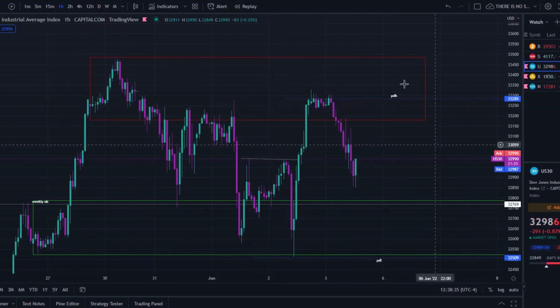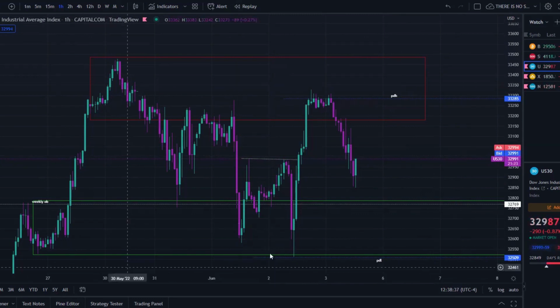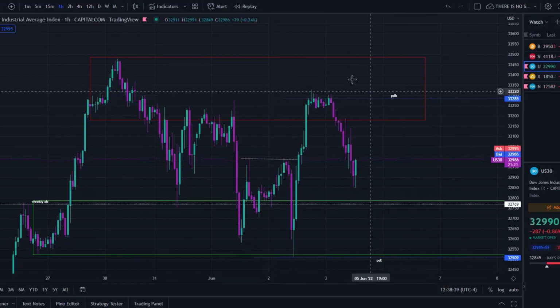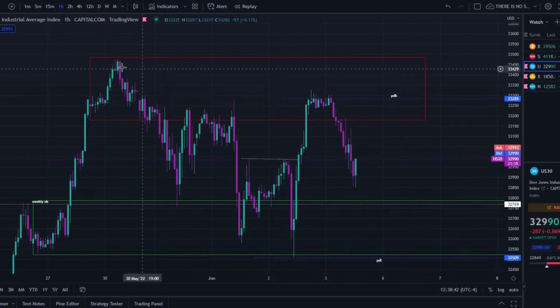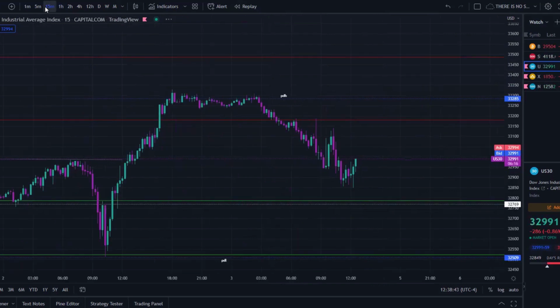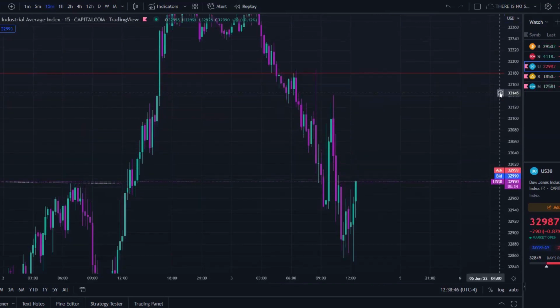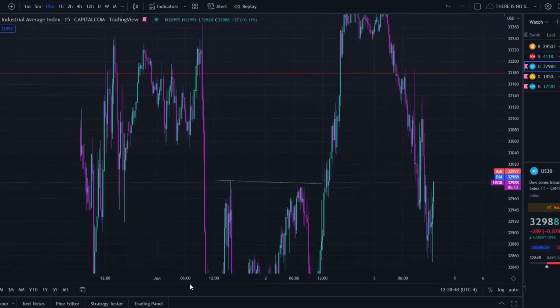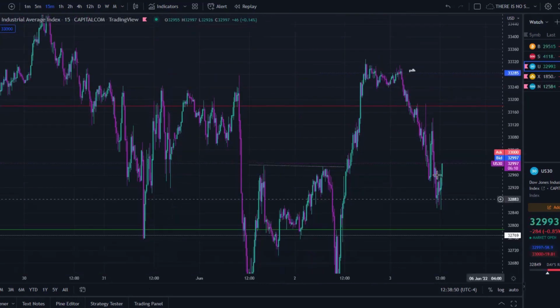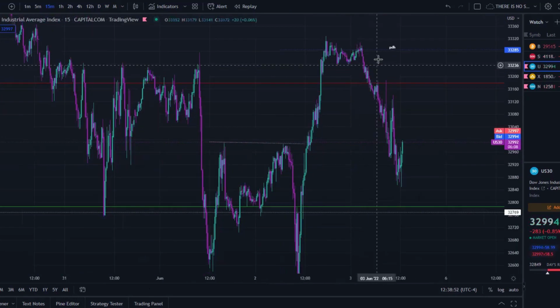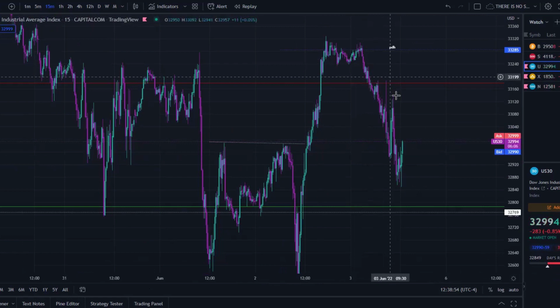The information that the charts gave me on the higher time frame is not changing. As I go down to the smaller time frames, the information gets a bit overwhelming. It's more to look at. It's more to check out. The moves are going to be bigger. But at least we know, hey, when we come into a particular zone, we can sell. Where you decide to target is up to you.